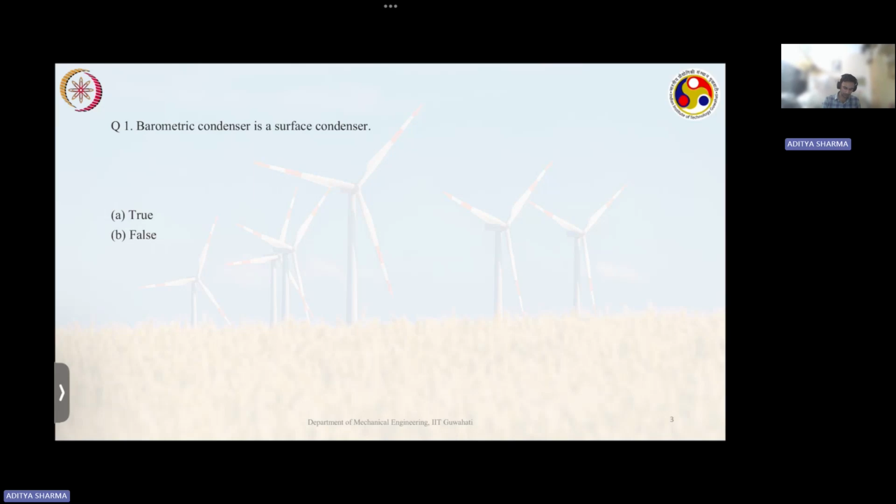This is a direct contact type condenser.